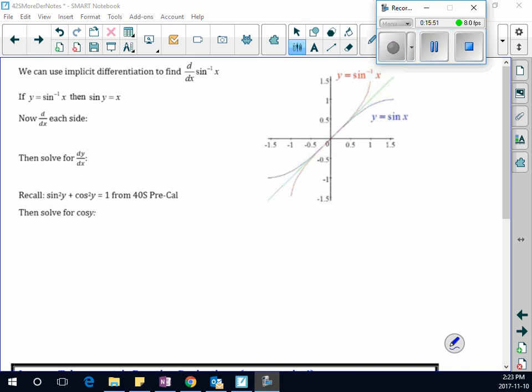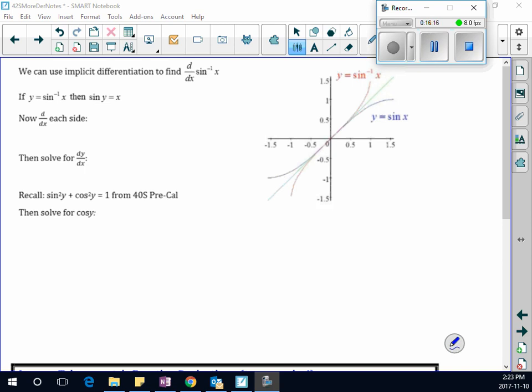So, if y equals inverse sine of x, then I can switch these around and make it into the regular sine: sine of y equals x. Does everybody see that? Now it's not the inverse anymore, it's the normal sine, right? And that was by the definition of what I showed before.